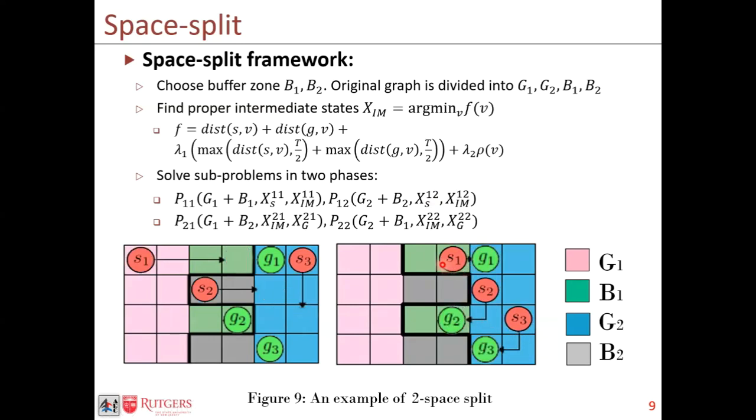As for the intermediate states, we search the buffer zone and find an unoccupied vertex that has the smallest f value, where f is composed of 3 parts. The first part is the sum of distance from start and distance from goal.